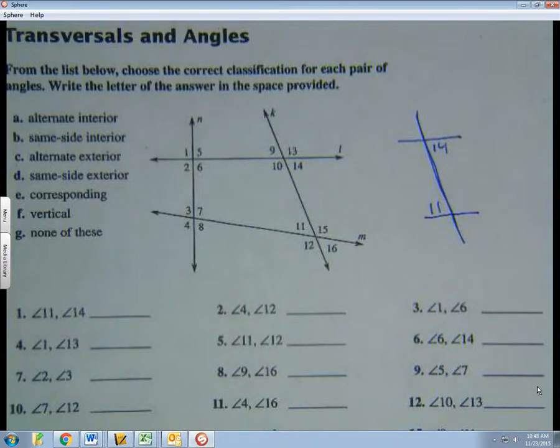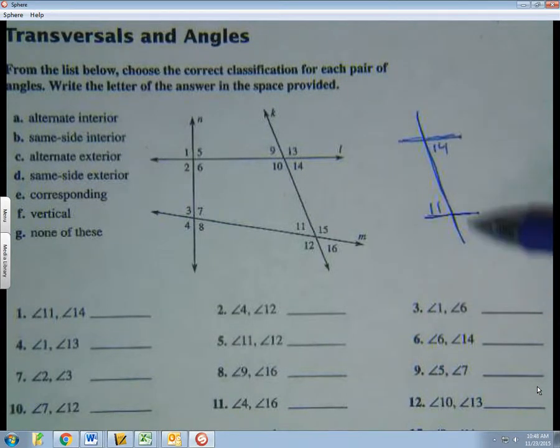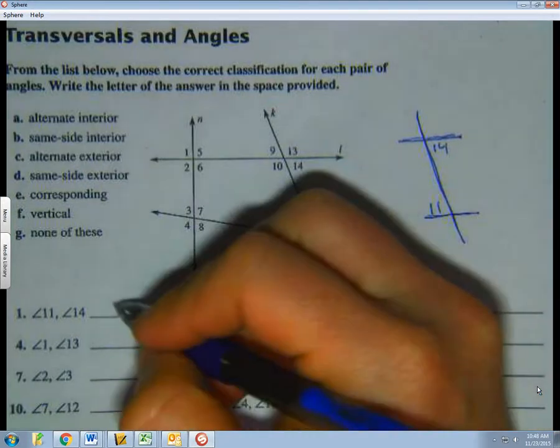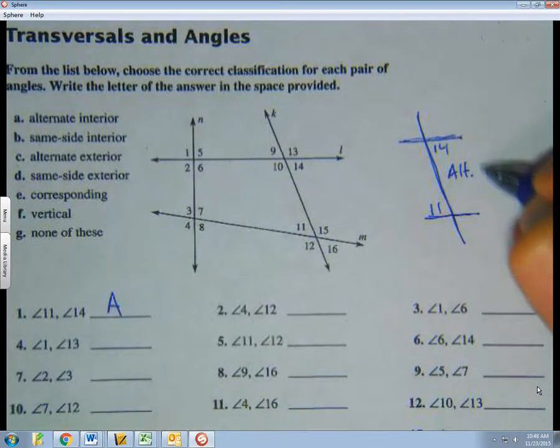Well, if you look at these two, it's definitely inside these two. And then if you look at this, this is called a transversal. It's on the opposite side. So these are alternate interior, which is A.